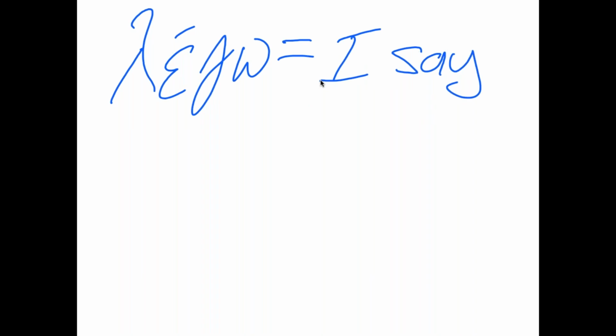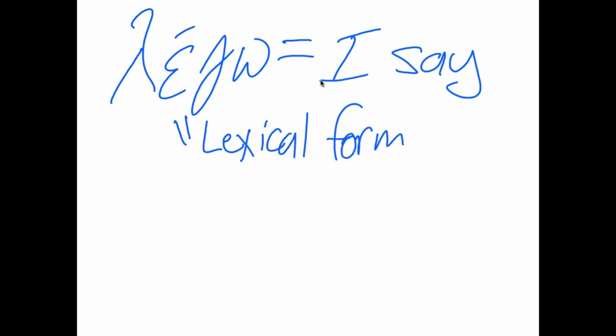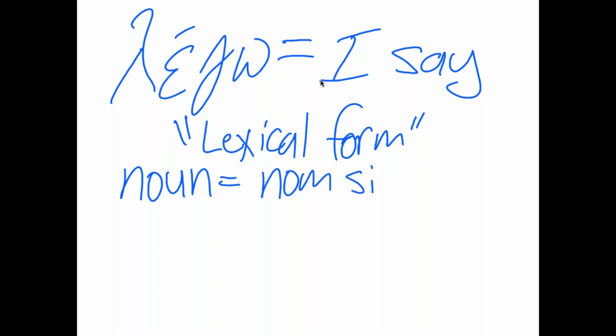In Greek, what we're learning is something called the lexical form. The lexical form is the dictionary form. Whenever you see words, if it's a noun, it's always the nominative singular form.